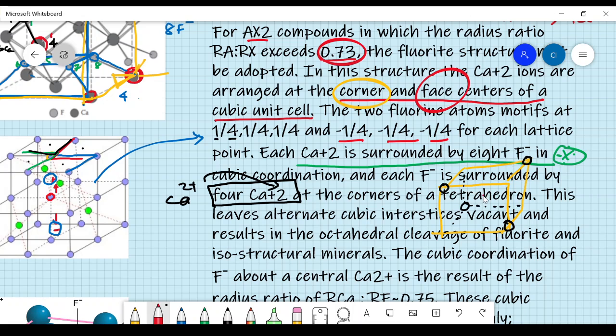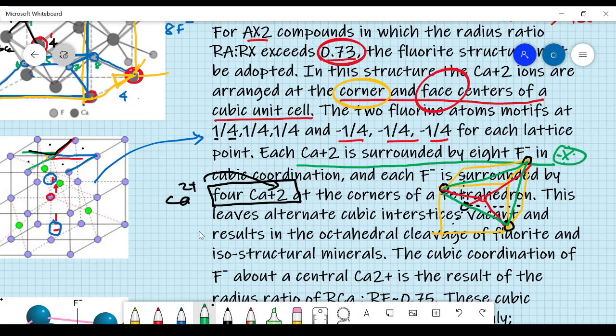If I have a center, I can connect to 4 atoms like this, 4 different corners. So this forms a very good tetrahedron. So a tetrahedron is formed as a result of that.